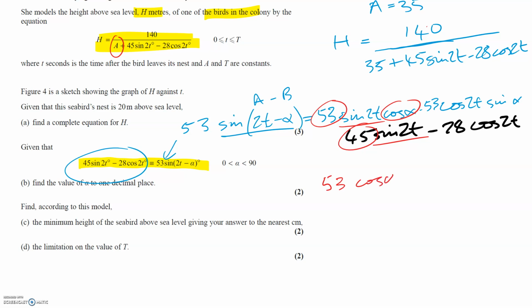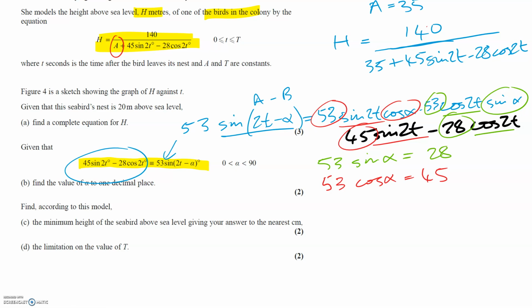We also know that there's cos 2t and there's cos 2t, so 53 sine alpha will equal 28.